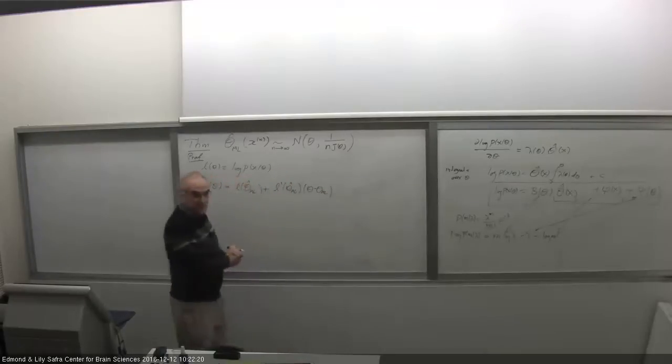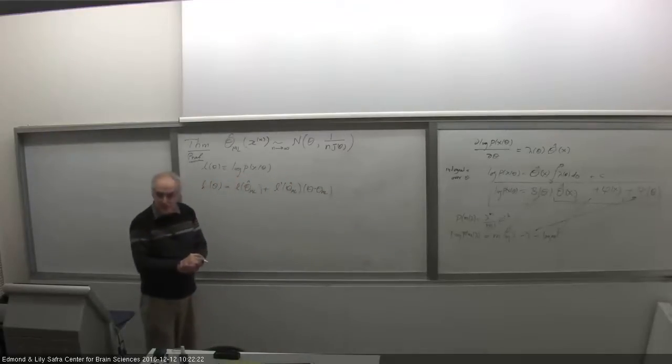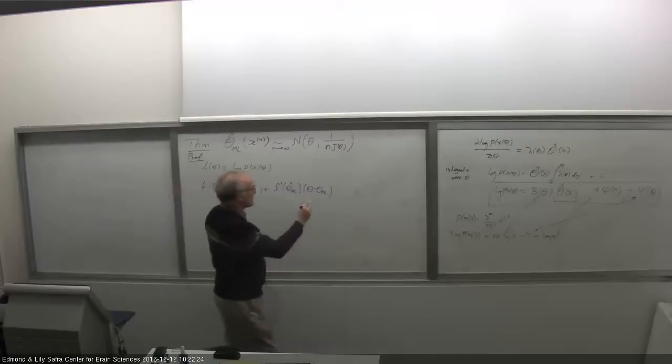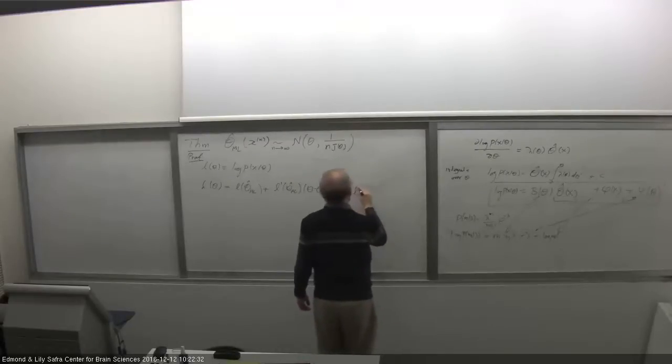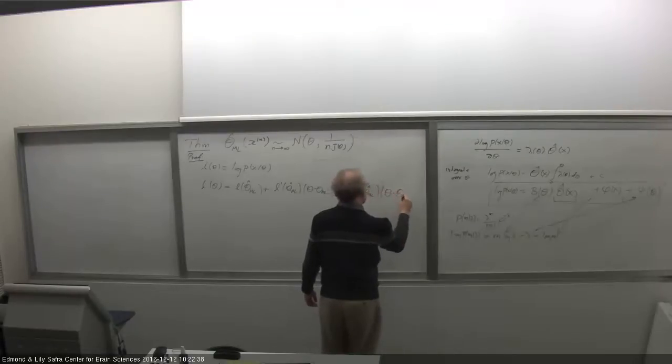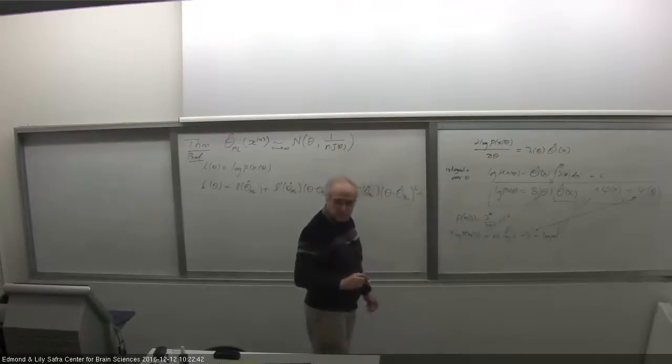This is the linear term. What is the next term? Plus one half l double prime of theta ml times theta minus theta ml squared, plus higher order terms.